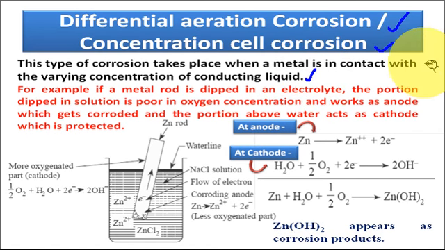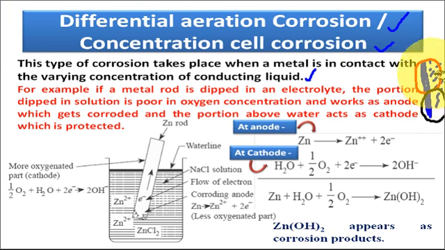That means a single metal is there, but the electrolyte in contact with the metal surface is in different concentrations at different parts of the metal. At some part the concentration of the electrolyte is higher, while at some part it is lower.